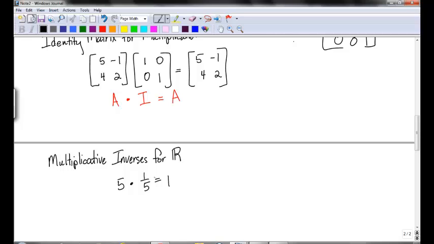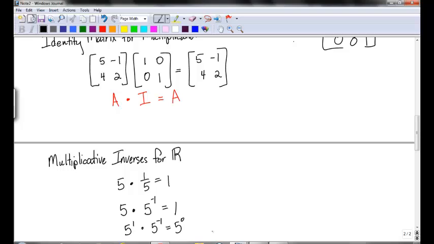Reciprocals are multiplicative inverses. You wrote it like this before Algebra 2. In Algebra 2, you probably did this. Because when you multiply those and the bases are the same, you add the exponents. And that would be like saying 5 to the first times 5 to the negative 1 would be like 5 to the 0.